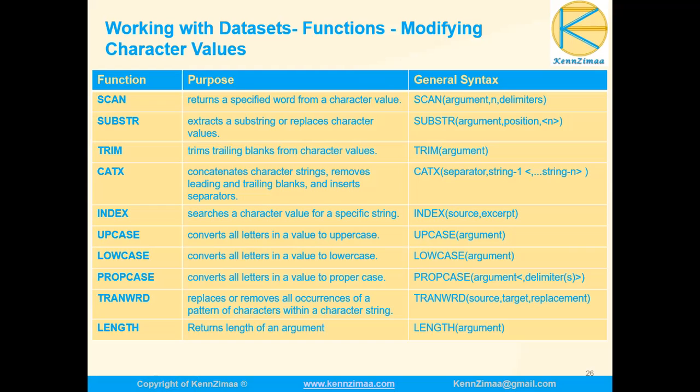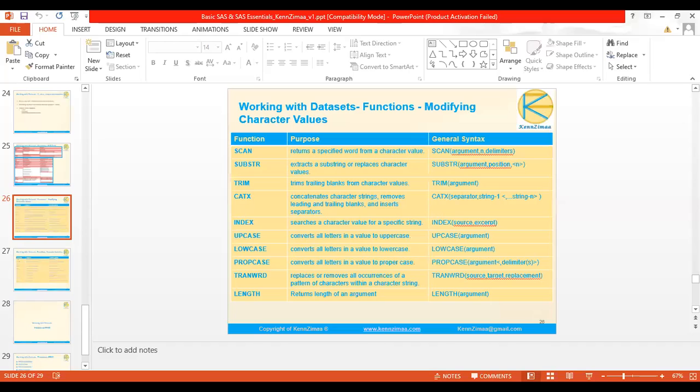You will be using only these functions in the real world when you're working on actual data sets in companies. So first of all, you have the scan function. It will return a specific word from a character value. We will understand more when we work on the code for this, but for now, just go through this list and then we will come to the SAS window.